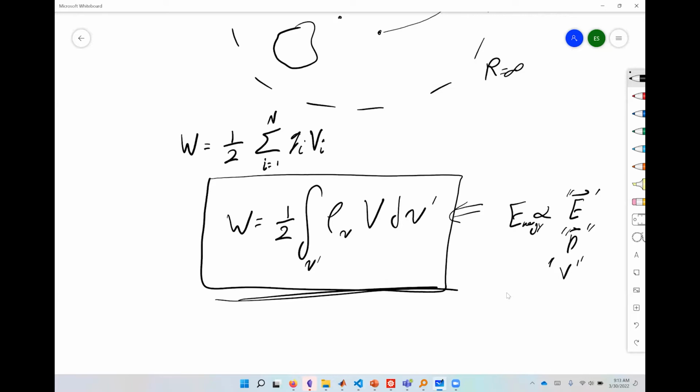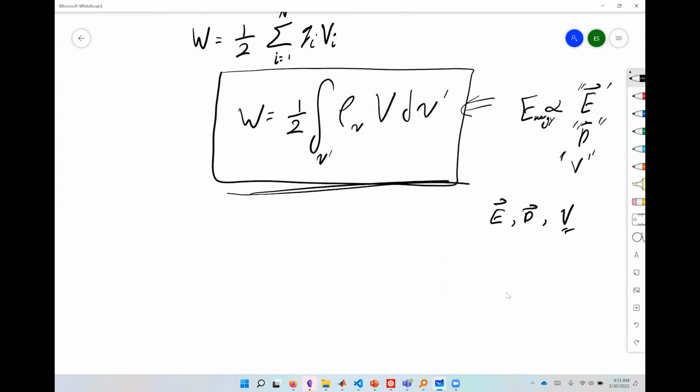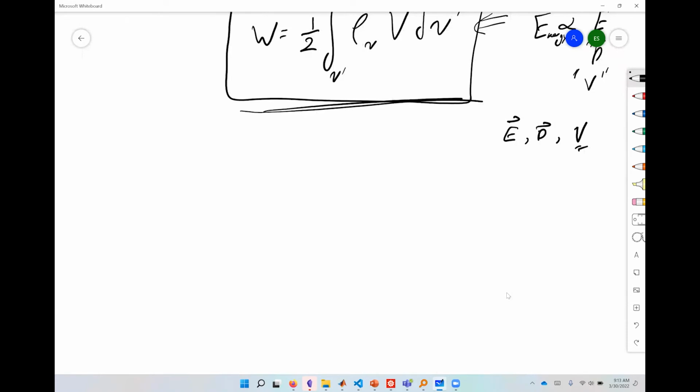So this is kind of like a review of what we did last time. Can we calculate energy from E, D, or V? Remember, all three vector fields or scalar field are equivalent. The calculation goes something like this. Let's start with rho V. Rho V is the most general thing we can consider.